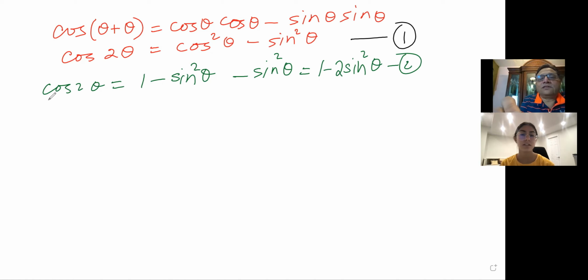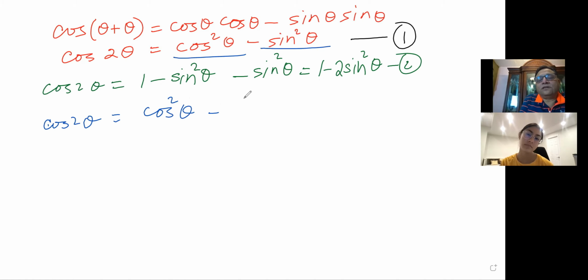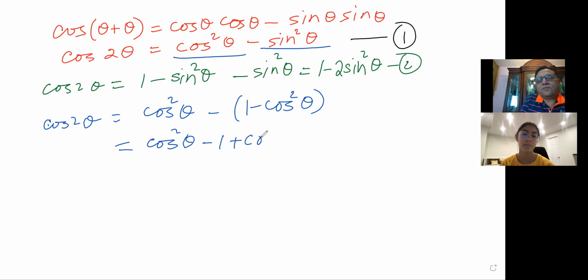Let me do one more variation. This is fun. So I'm not changing cos squared theta. I'm writing this as such. But what is sine squared theta? 1 minus cos squared theta, right? So I could open the bracket. So cos squared theta minus 1 plus cos squared theta is just 2 cos squared theta minus 1.